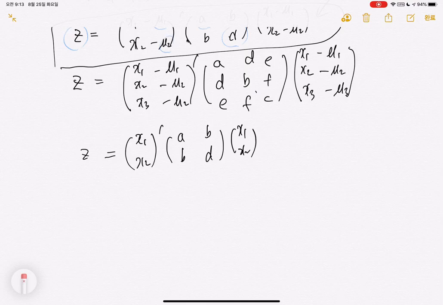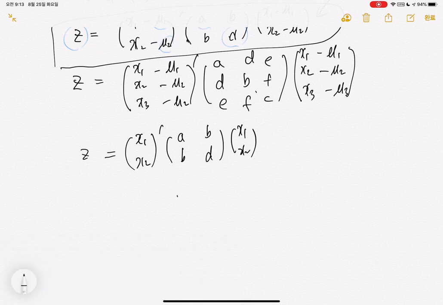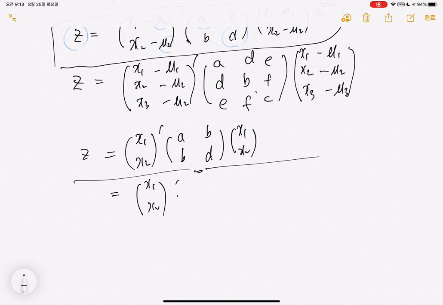Before we move on, you may wonder why the matrix in the middle has to be symmetric. Actually, it doesn't have to be, but you can symmetrize the matrix, because consider the following quadratic form: x1, x2 prime, a, b, c, d, x1, x2.